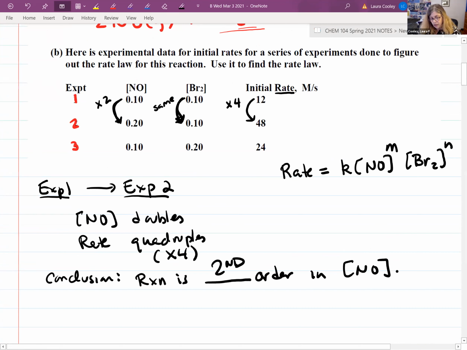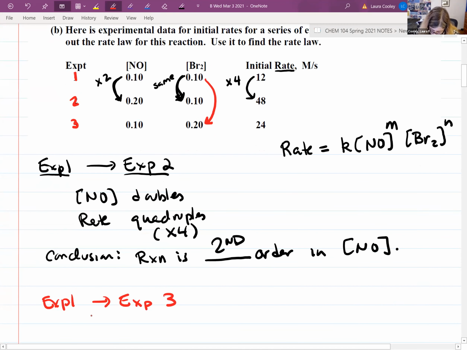Okay. So I've already figured out what happens when the concentration of NO doubles. Let's figure out what happens when the concentration of bromine doubles. So here, between experiment 1 and experiment 3, the Br2 doubles. Okay, this is times 2.